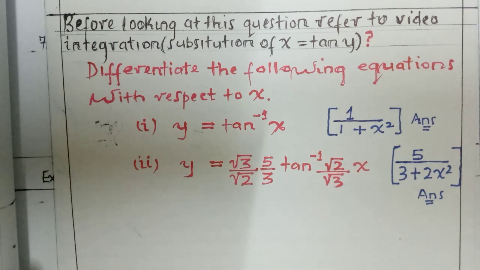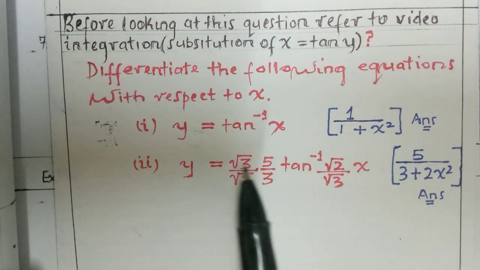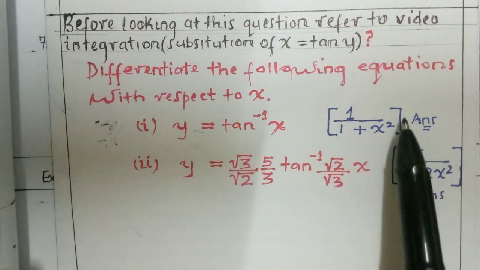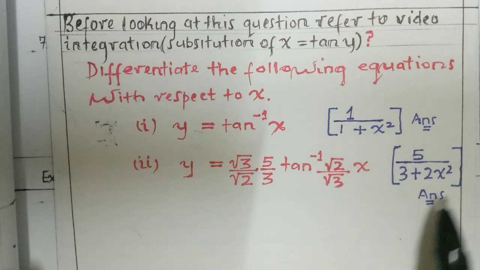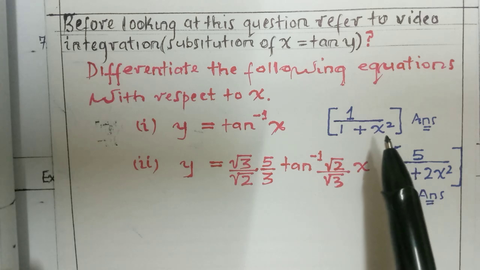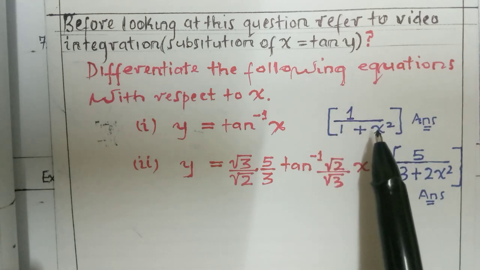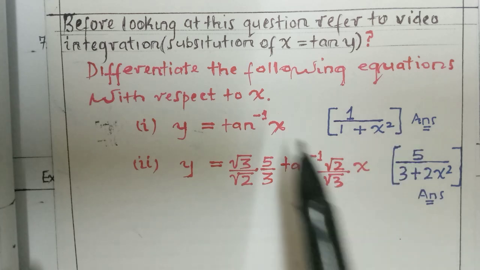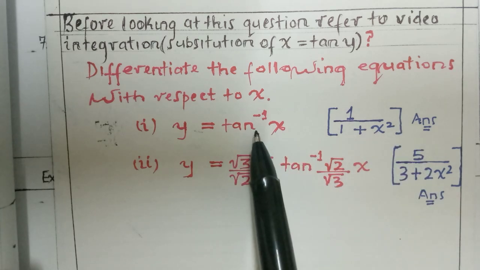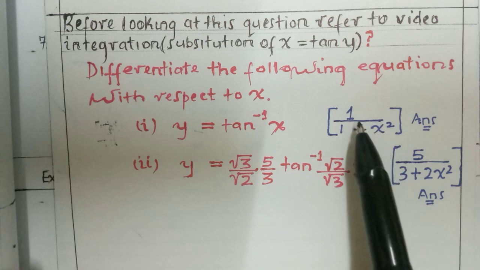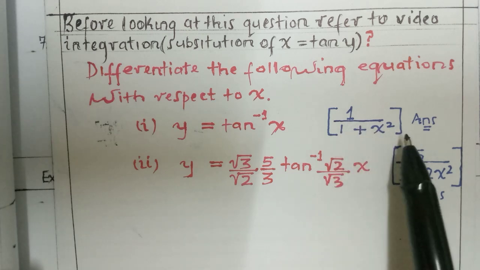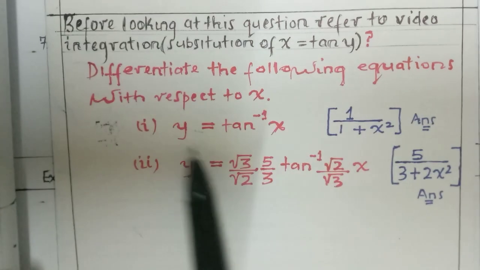Because whatever we are doing here is differentiation, and we had already done integration of these functions here. And we know that integration is the reverse of differentiation. So guys, now we are on our reverse direction. We were able to find the integral of, not tan inverse, but 1 over 1 plus x squared, and we saw our result as this.